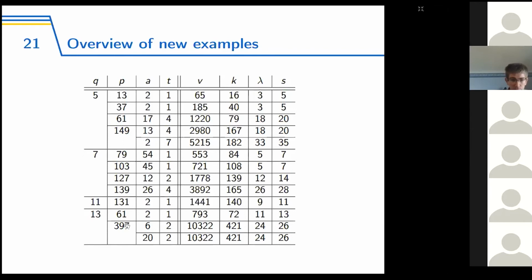Second thing I want to point out, you can see here for 13 and 397, both 6 and 20 give a set of powers that result in an edge regular graph which has the right parameters to apply the machinery we have. Both have lambda 24, but they are non-isomorphic.